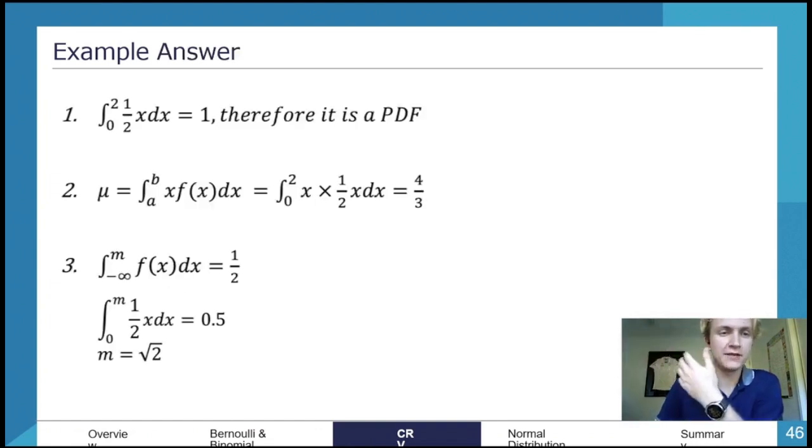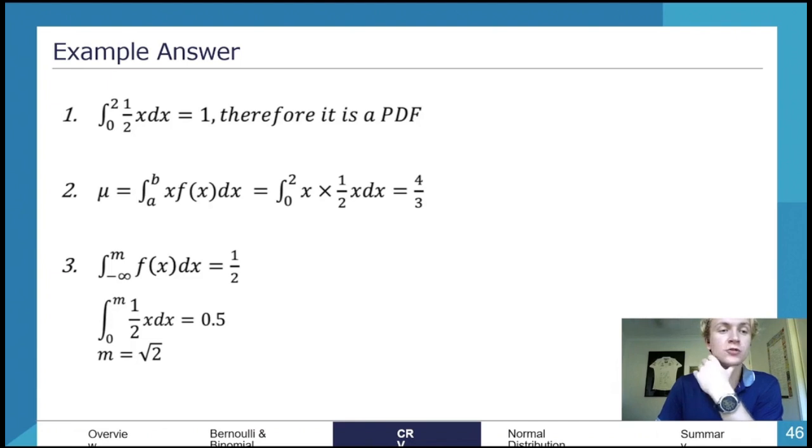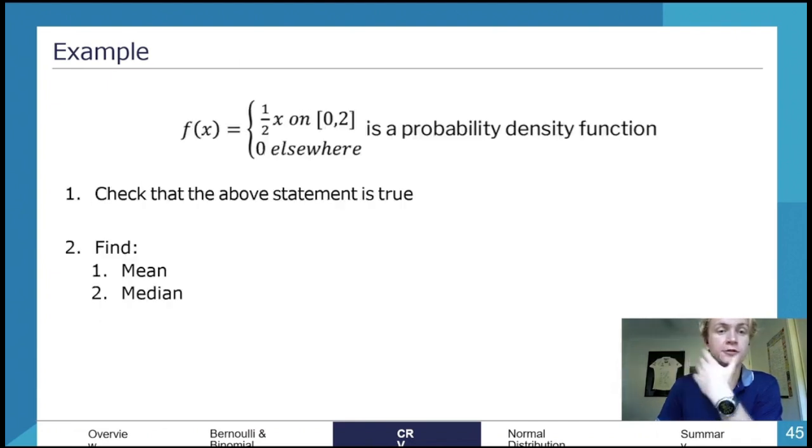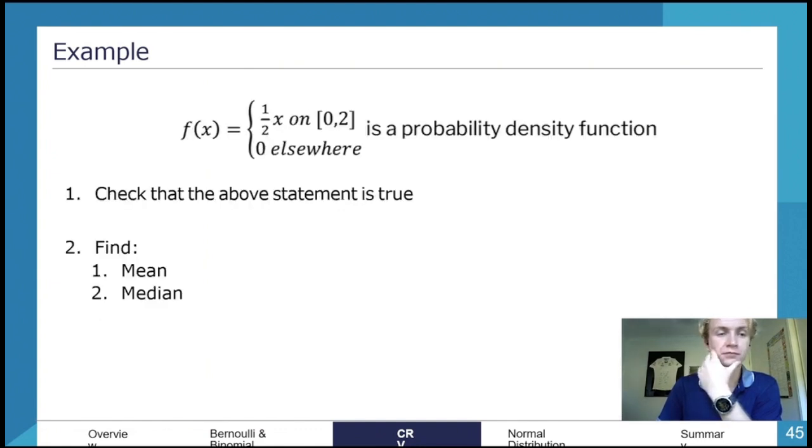First of all, it's never less than 0, so make sure you write that. Also, the integral between the upper and lower bounds, 0 and 2, where it's actually relevant, not 0. If we integrate that in terms of x between 0 and 2, that equals 1. Therefore, it is a probability density function.